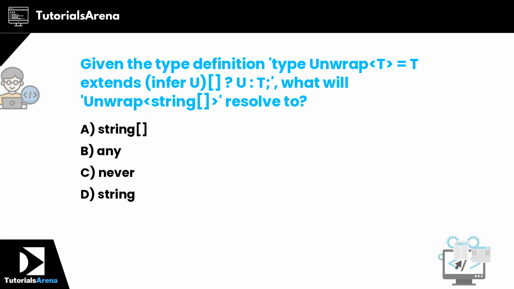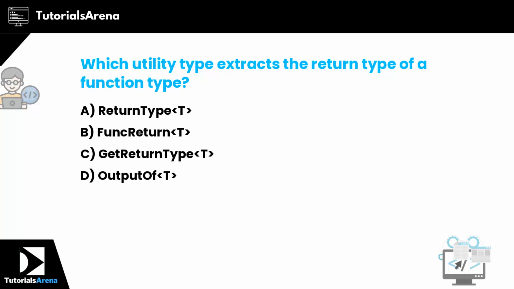Given the type definition, type Unwrap<T> = T extends (infer U)[] ? U : T, what will Unwrap<string> resolve to? The correct answer is option D, string. Which utility type extracts the return type of a function type?